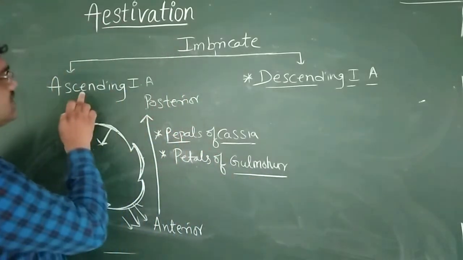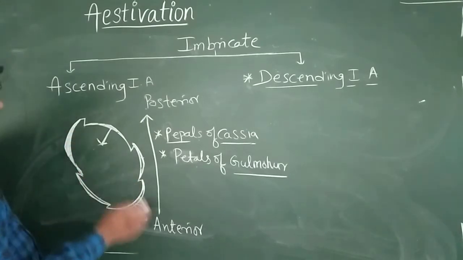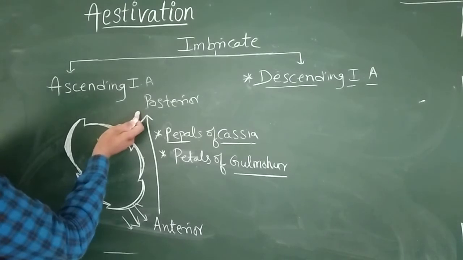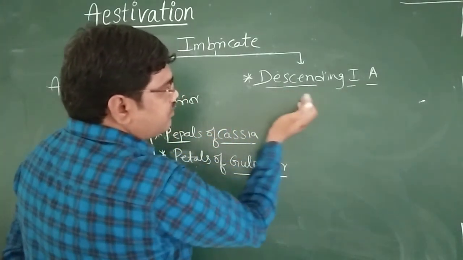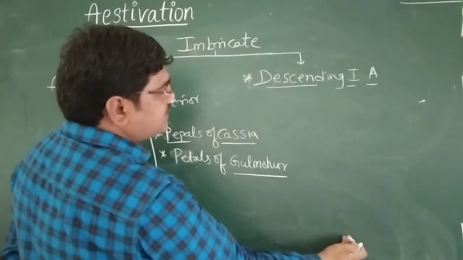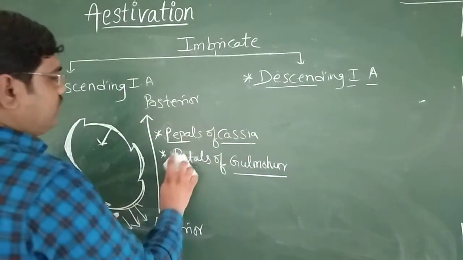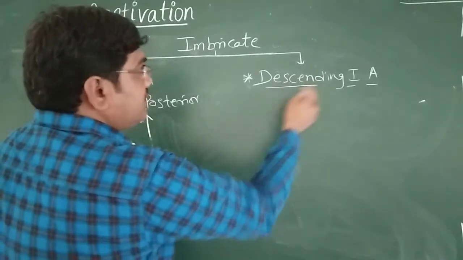In ascending imbricate aestivation, the overlapping of the petals is from the anterior side to the posterior side. But in descending imbricate aestivation, the overlapping is from the posterior side to the anterior side.